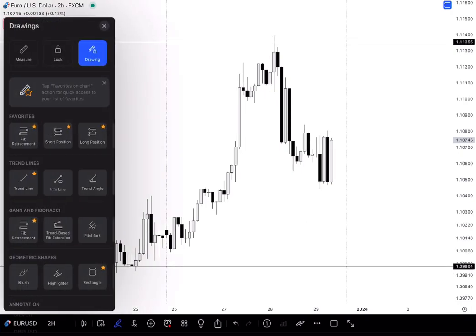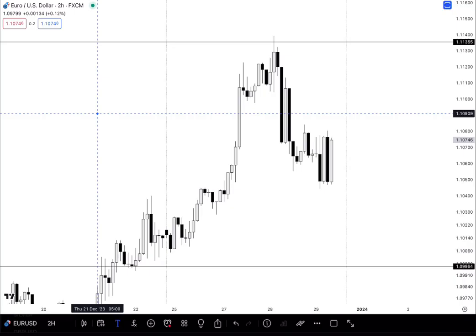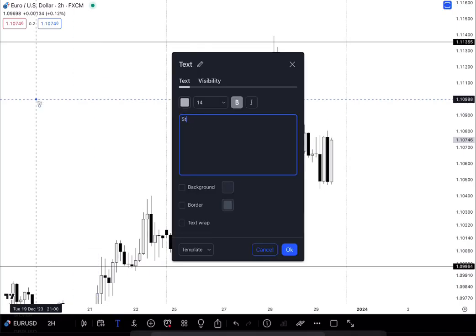Anyway, step one is marking the higher time frame key level. Step two is marking the opening and closing time.